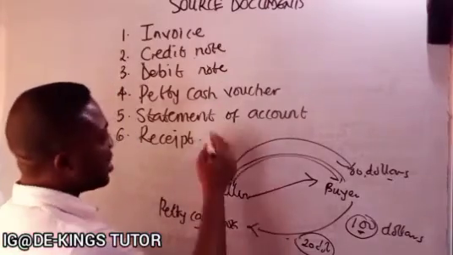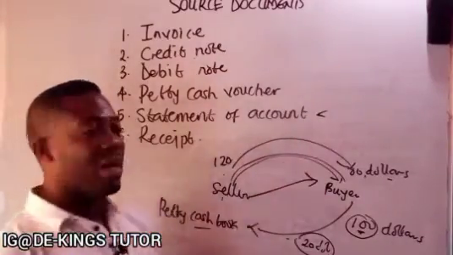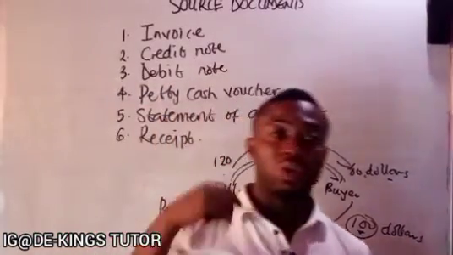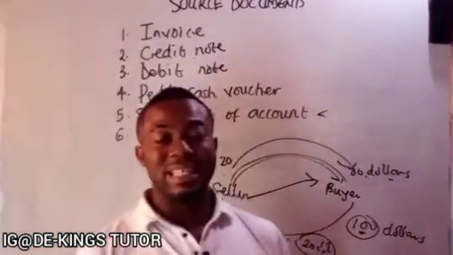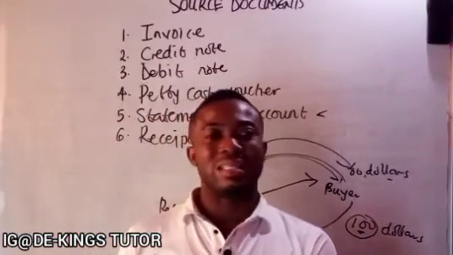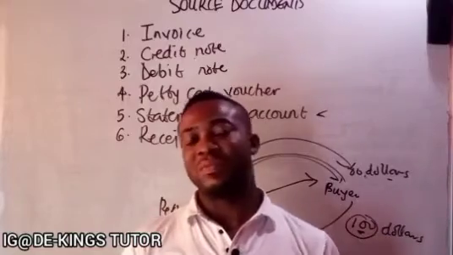The next one is the statement of account. The statement of account is a document sent by the seller or the supplier to the buyer, indicating the debit on the account, the credit on the account, and the balance due as at a particular period of time.